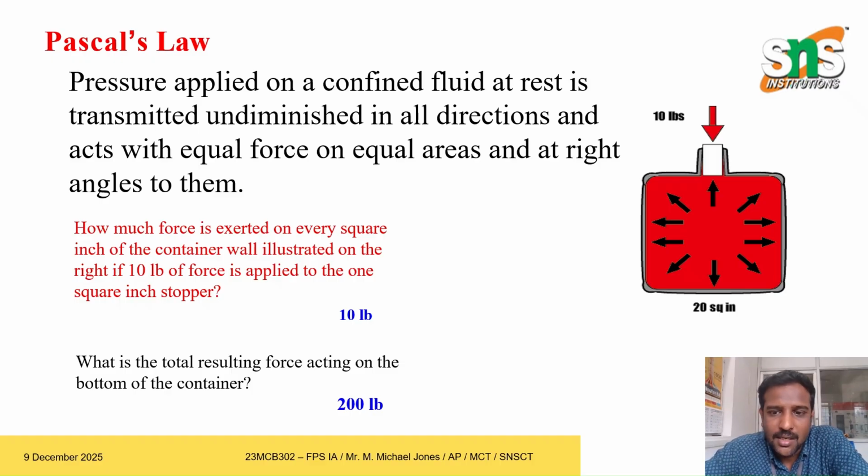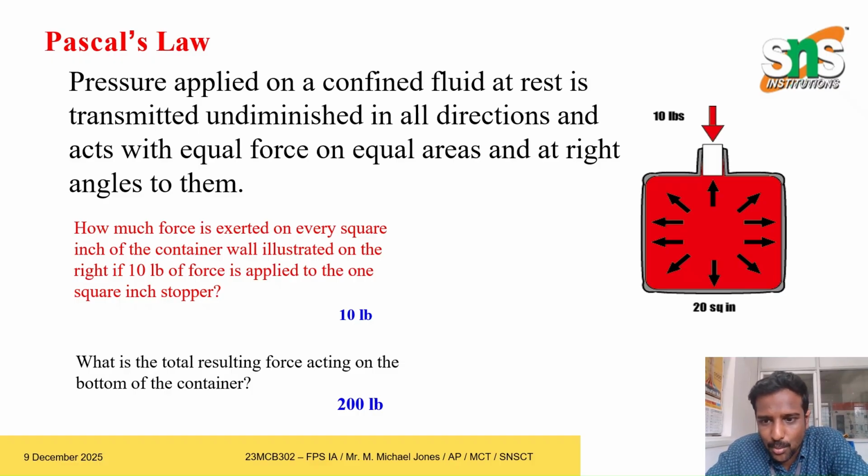I have given you an image on the right side. It is just a box container. Inside the container there is matter, which may be a liquid or a gas, and we have one opening at the top, and pressure is applied through that opening. Pressure applied to a confined fluid at rest is transmitted undiminished in all directions.